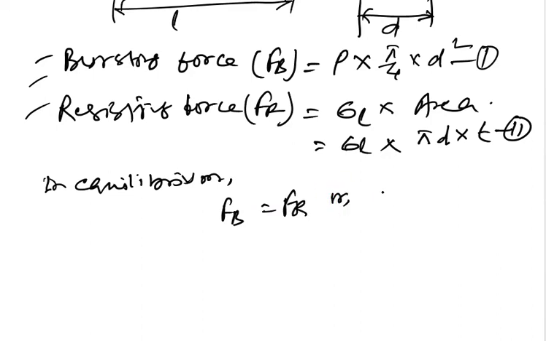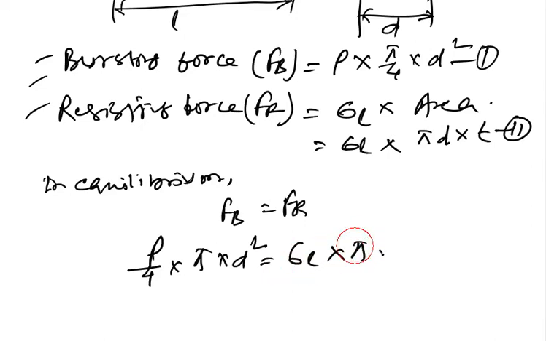From equation number 1 and 2 we get the value of FB. The value of FB is P into pi by 4 into d square, equal to sigma L into pi d into t.